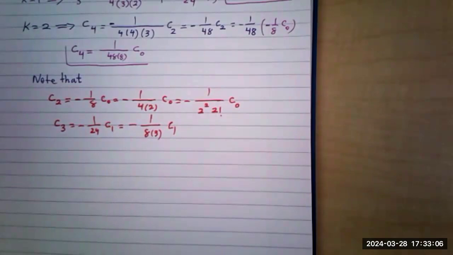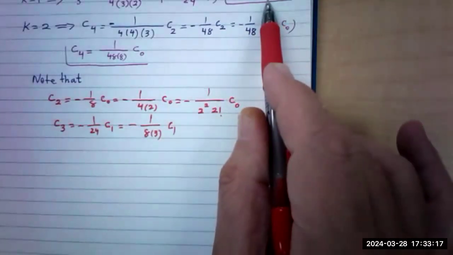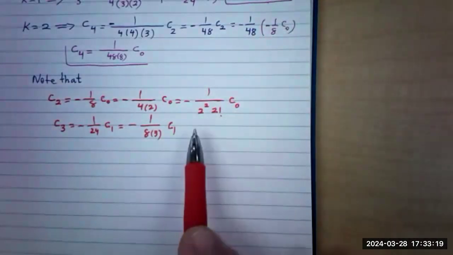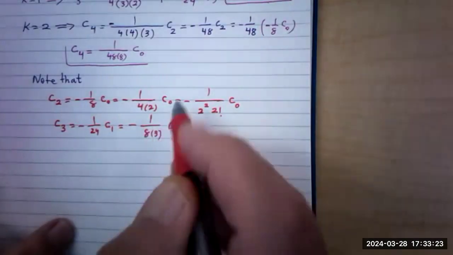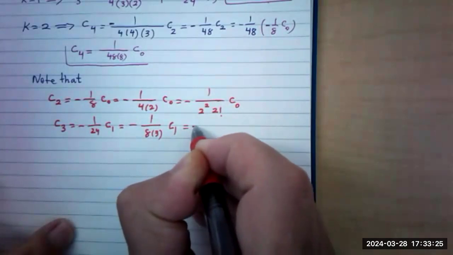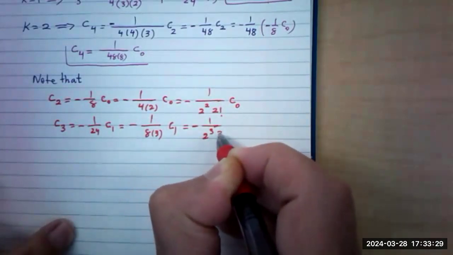And if you want to make something nice, 3 times 8, you can write this 8 as 2 cubed. So it's going to be negative 1 over 2 cubed times 3.